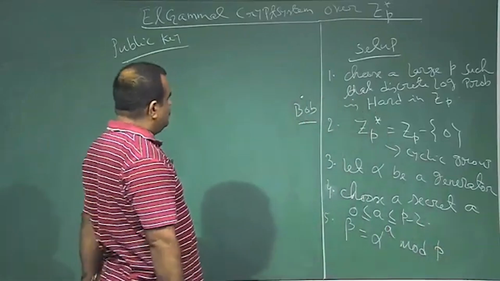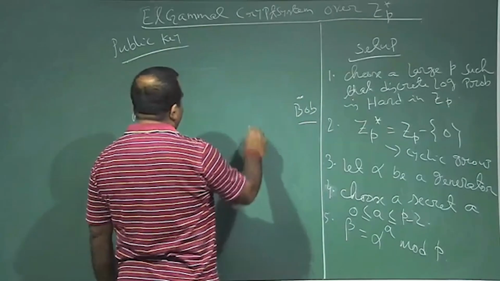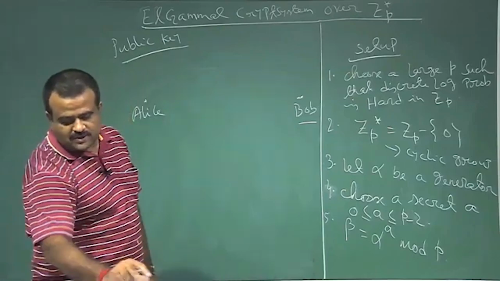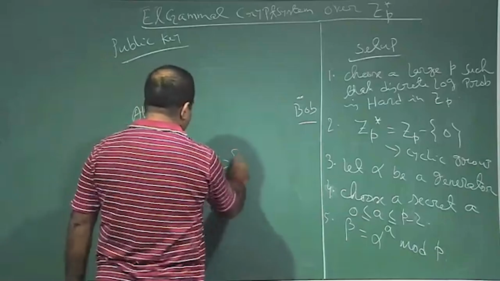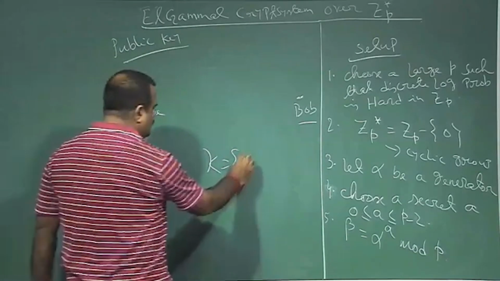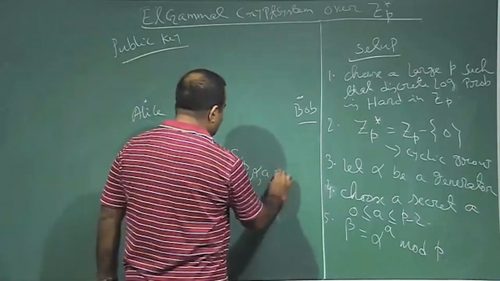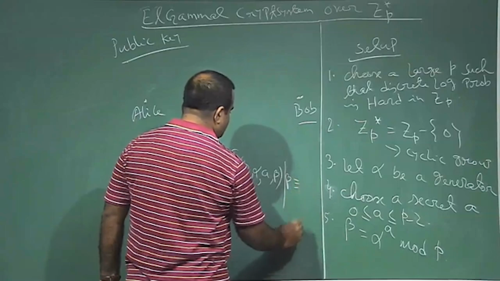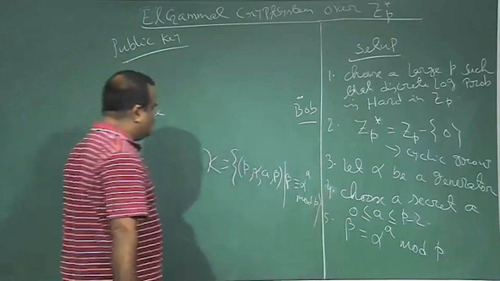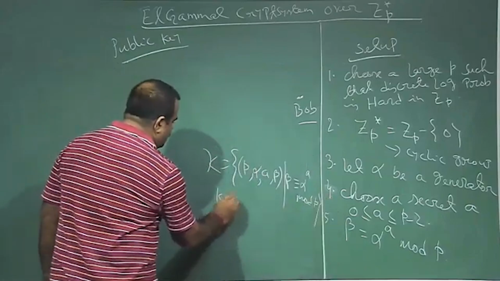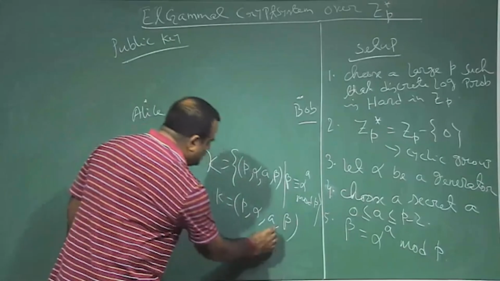This is the setup phase. So the key space is basically p, alpha, a, beta, where beta is congruent to alpha to the power a mod p. Each key has this form: p, alpha, a, beta. Among these, a is the secret key.